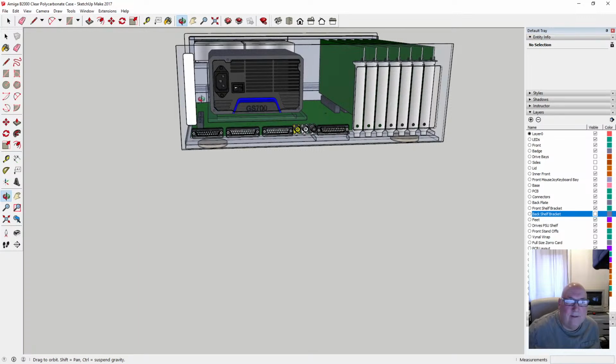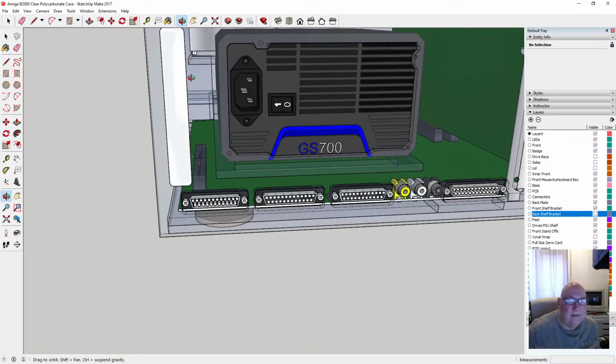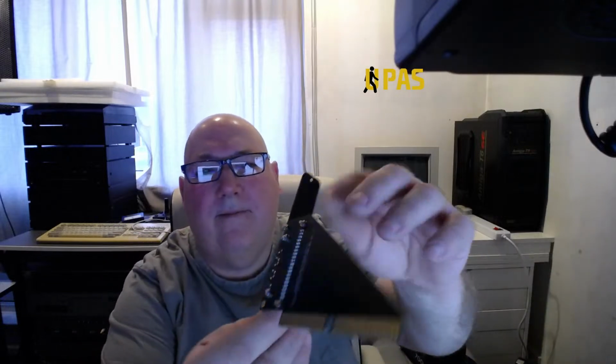Now it doesn't look lined up. Let's have a look at a real card. Should be offset slightly. Let's have a look at a real card. This one again. So it is offset.